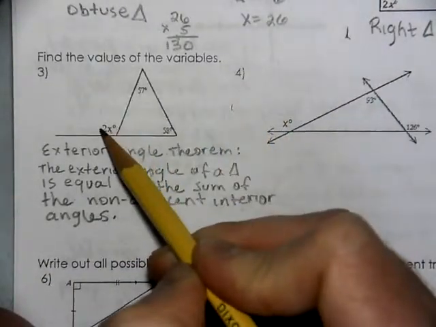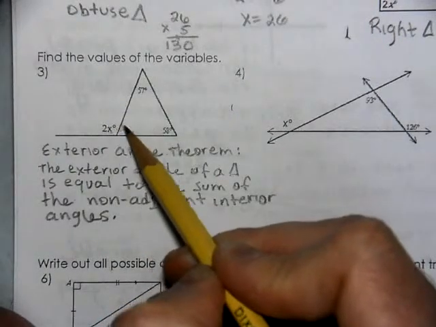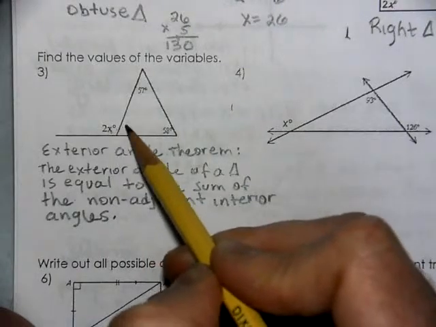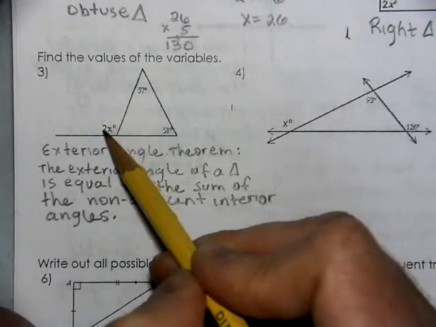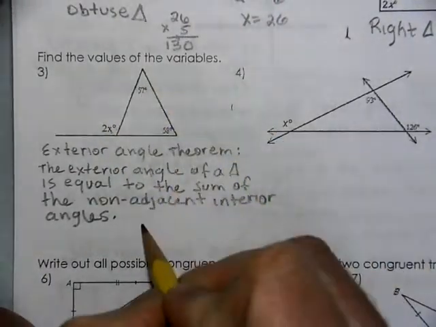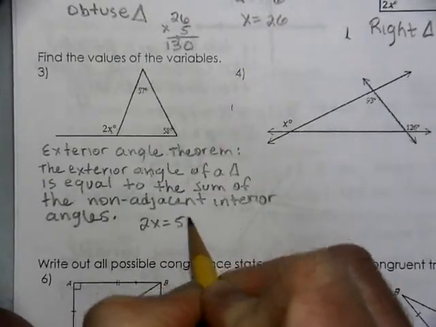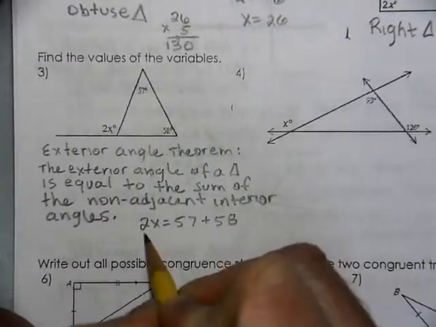So that's telling us that this exterior angle here is going to equal the sum of the non-adjacent. Remember, adjacent means right next to it. Non-adjacent, that means the two farther away. This angle equals the sum of those two. So we're going to get 2x that equals 57 plus 58.